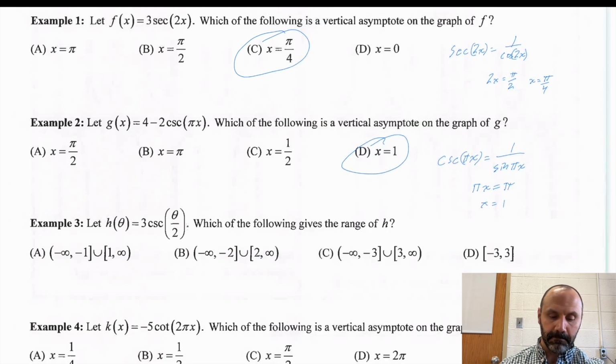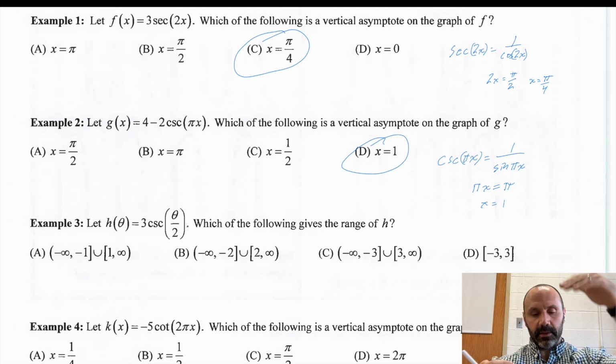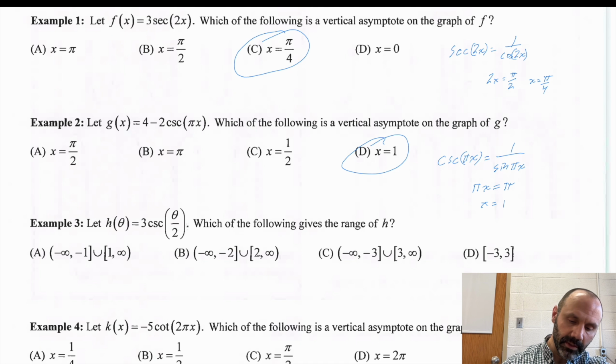All right, so now we've got function h, 3 cosecant of theta over 2. Which of the following is the range of h? Again, the range is the y output. When it's just plain secant or cosecant, the range is greater than 1 and less than -1. But this 3 changes the amplitude of the function.